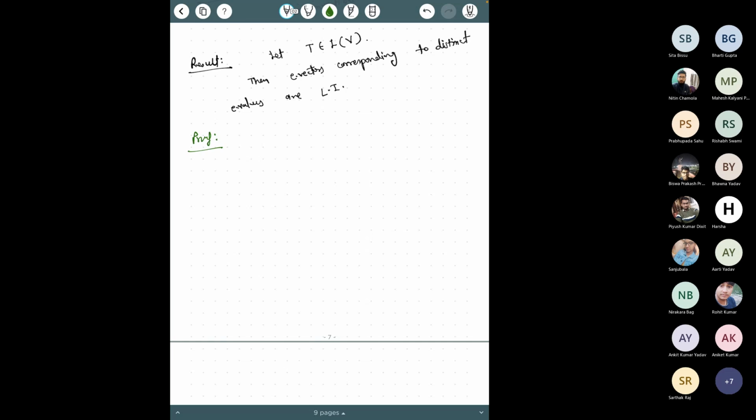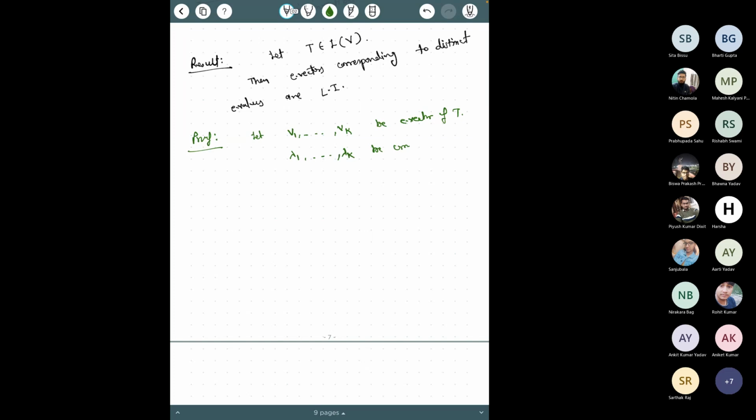So suppose, as you mentioned, that v1 to vk are eigenvectors of T corresponding to lambda 1 up to lambda k. These are the corresponding distinct eigenvalues.